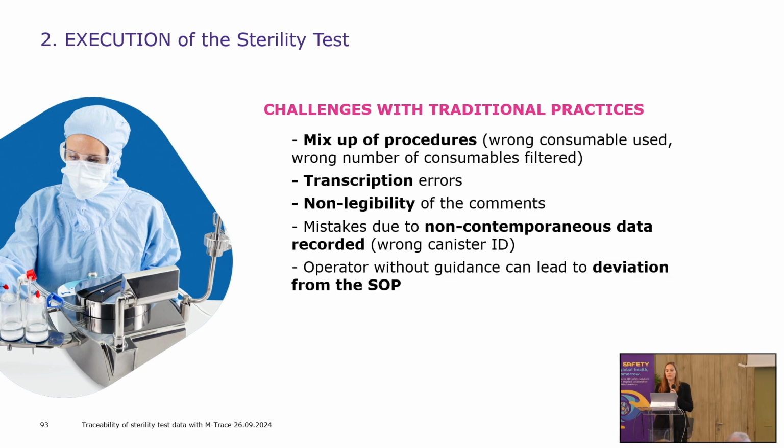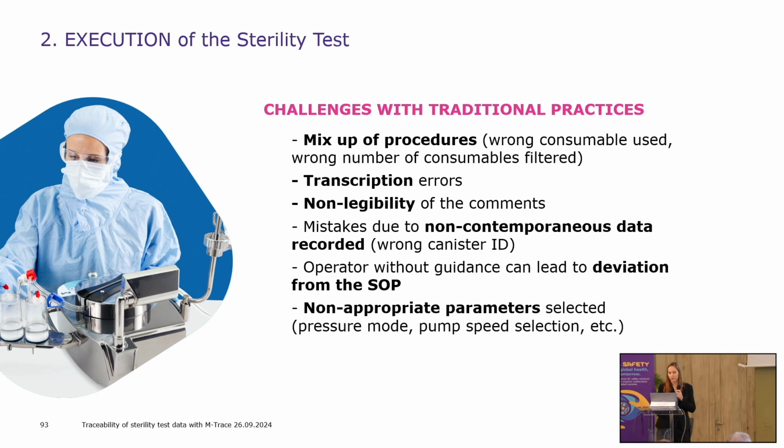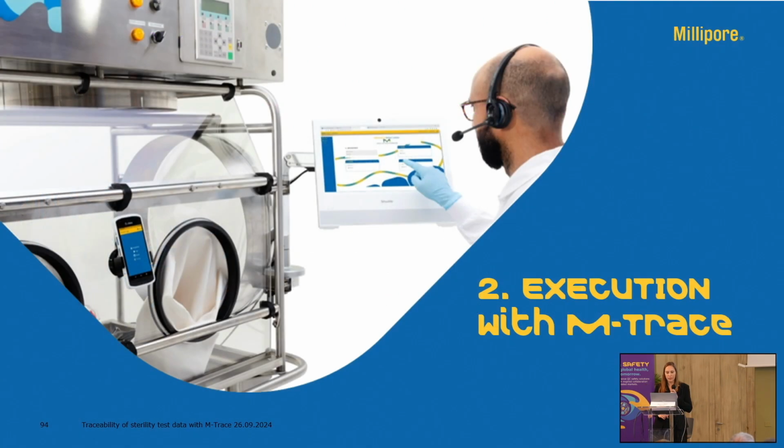Also, the operator without guidance can lead to a deviation from the procedure. Also, non-appropriate parameters could be selected, like the pump speed or the pressure of the sterility test. Let's see how we can solve these challenges with the use of mTrace.